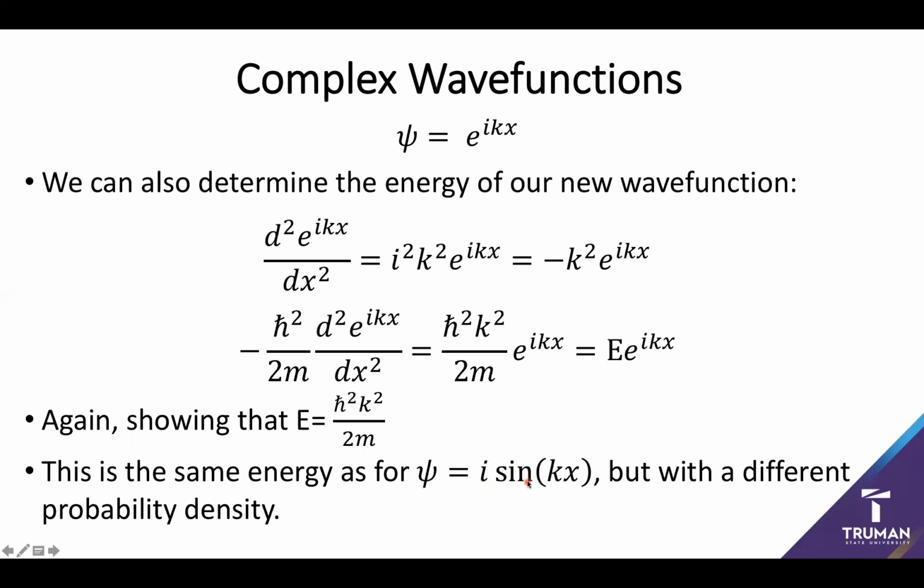So all five of these wave functions have the same identical energy, but it is worth noting that each one has slightly different probability densities. And this is something that is worth acknowledging as we move further into our quantum mechanics, that it's possible to have many different wave functions that all have the same energy. But we're going to need to focus a little bit more on probability densities.